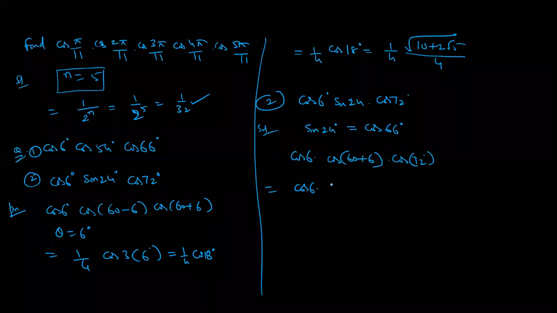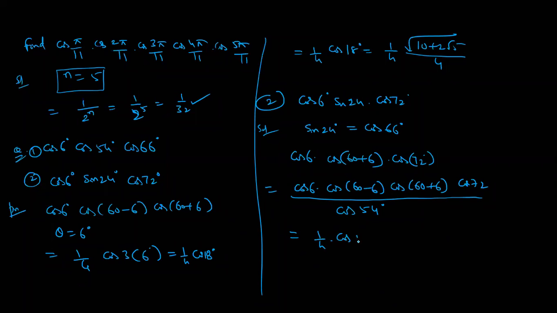What I'm doing, see: 60 minus 6, 60 plus 6, into cos 72. Dear students, multiply and divide with cos 54. So this is 1 by 4 into cos 18 degrees by cos 54 into cos 72.